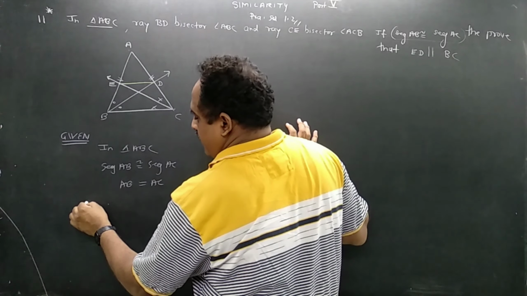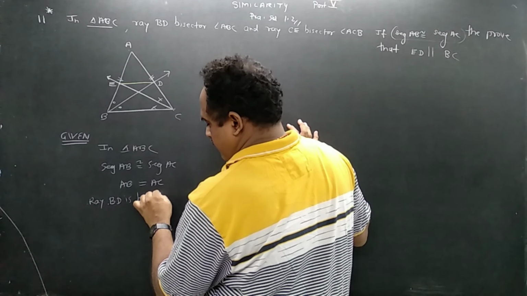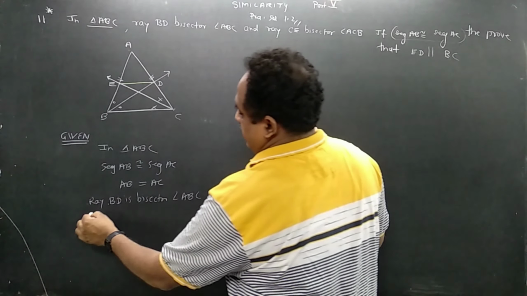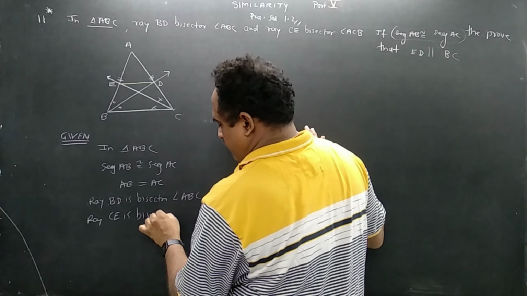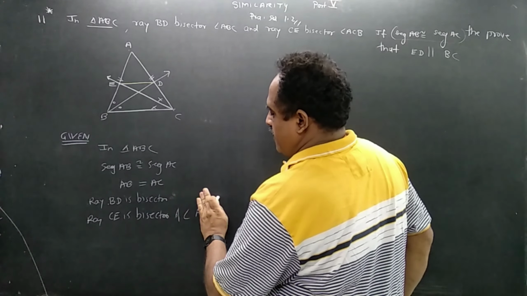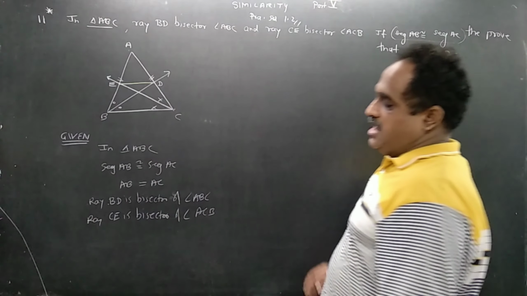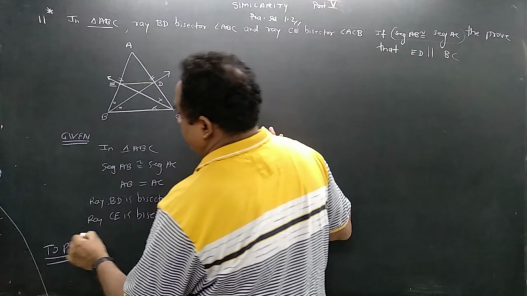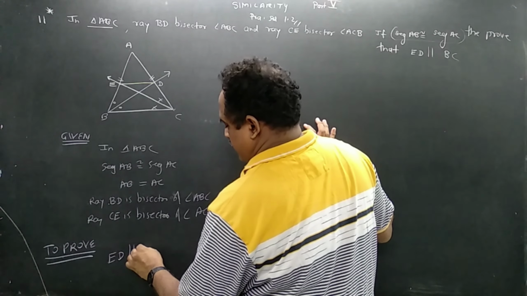Ray BD is bisector of angle ABC, and ray CE is bisector of angle ACB, and we are going to prove ED is parallel to BC.